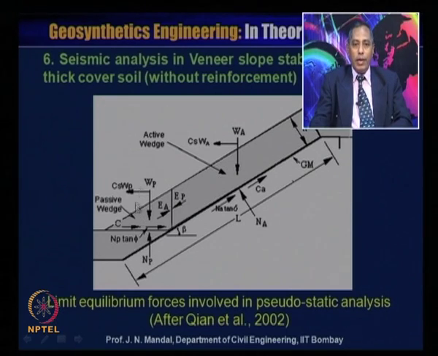Similarly, in the passive wedge, WP is the weight in the passive zone, and there is CS times WP, where CS is the seismic coefficient. So, this seismic force in the active wedge and passive wedge is to be taken into consideration in the pseudostatic analysis.